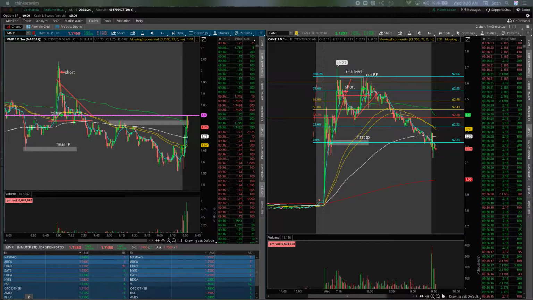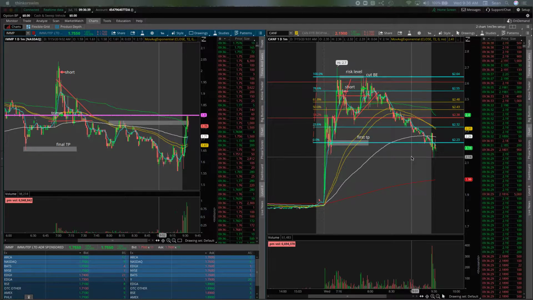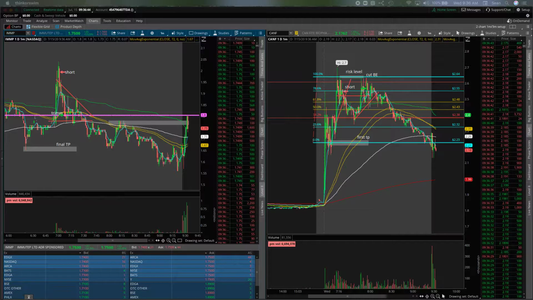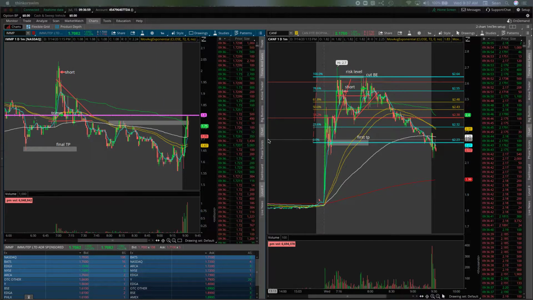MBRX pushing. I think that was the entry.